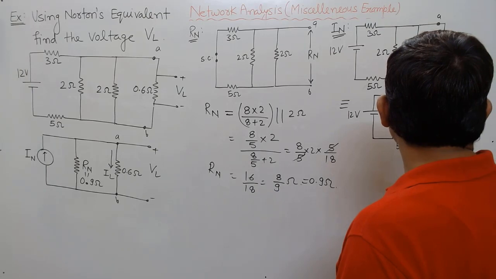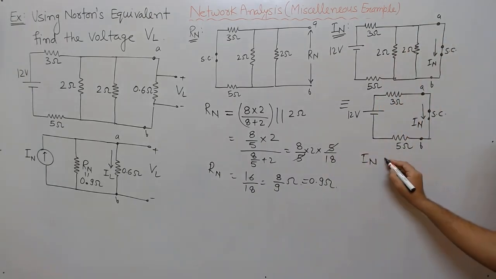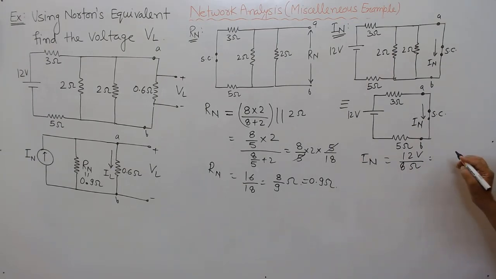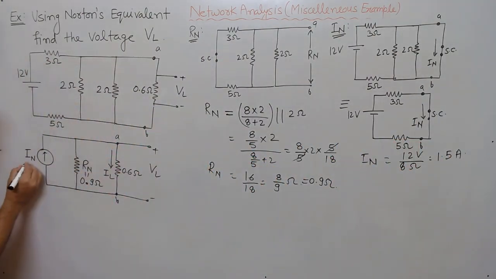So this will be IN. What will be IN? IN is 12 volt by 5 plus 3, which is 8 ohms. So this will be 1.5 amperes. So IN is 1.5 amperes.